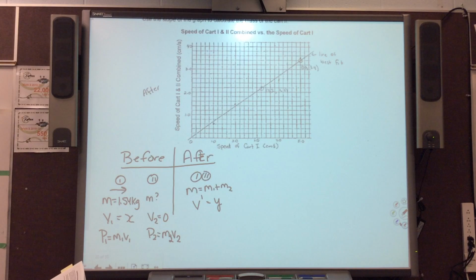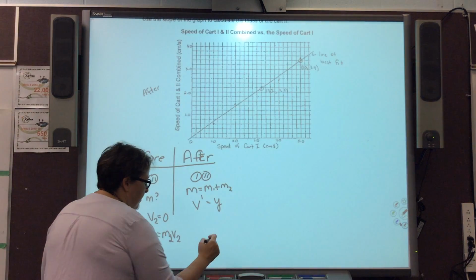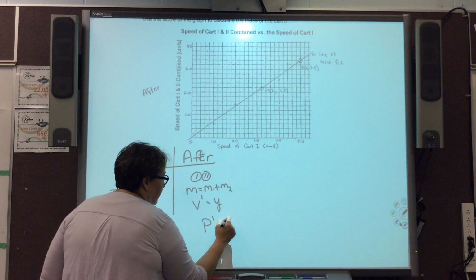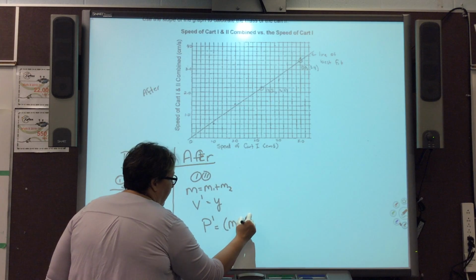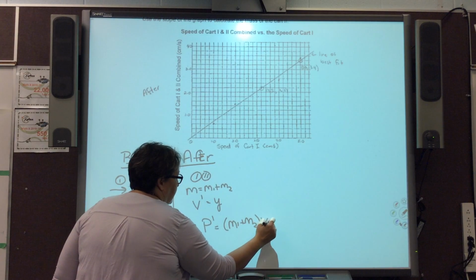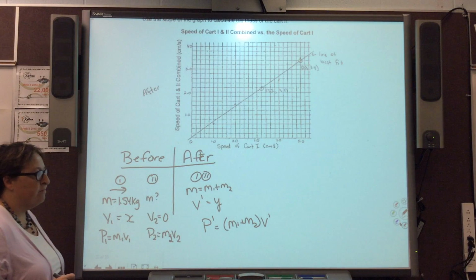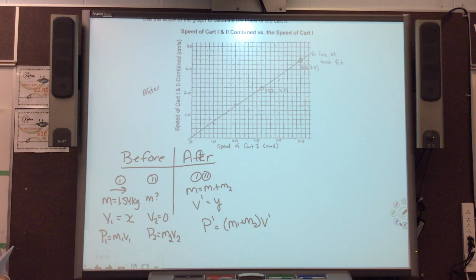Okay, and we know that after, momentum prime is equal to m1 plus m2 times v prime. That's what we know beforehand. All the information. So same thing that we've done all these years along is that we've always written down what we know.